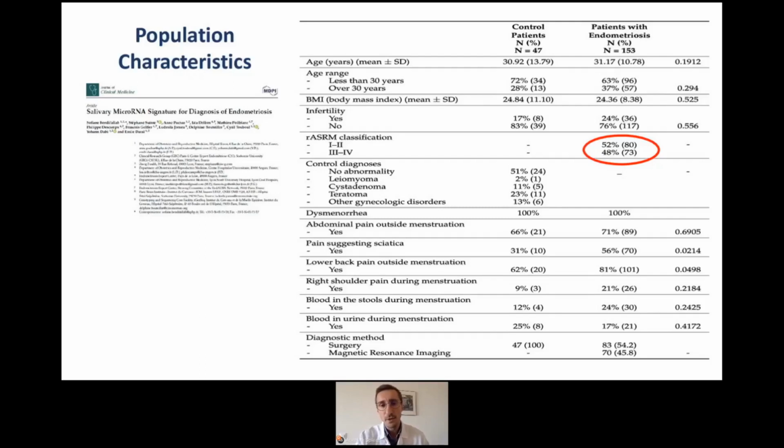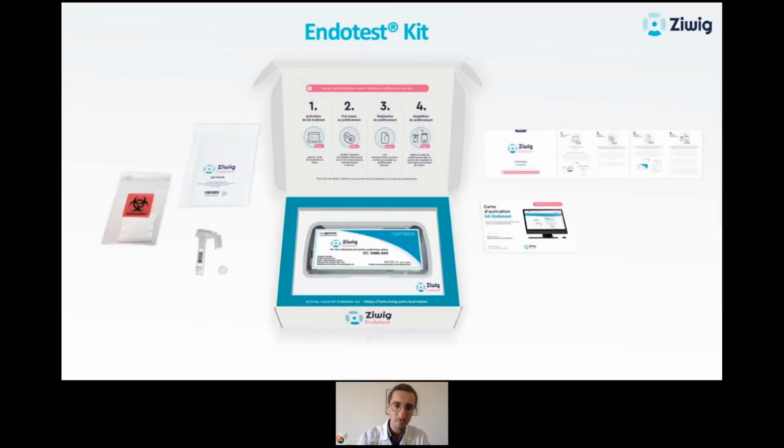And the second thing we know is that chronic inflammation and fibrosis does have an impact on fertility. And if we're catching the disease earlier and reducing these symptoms, we can hope to have a very favorable impact on fertility.